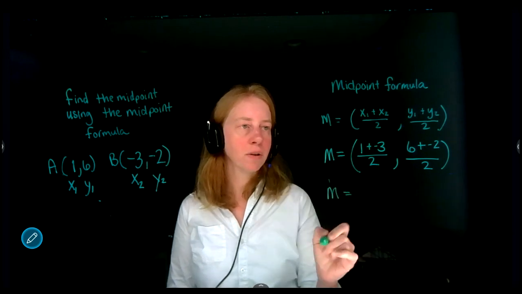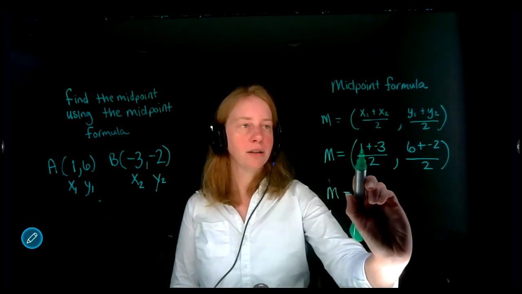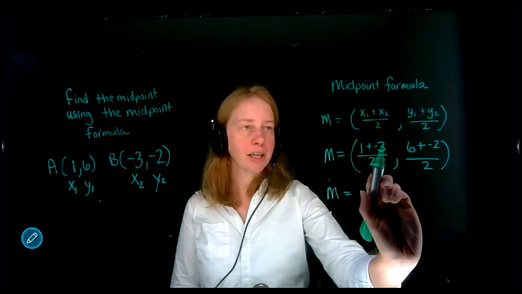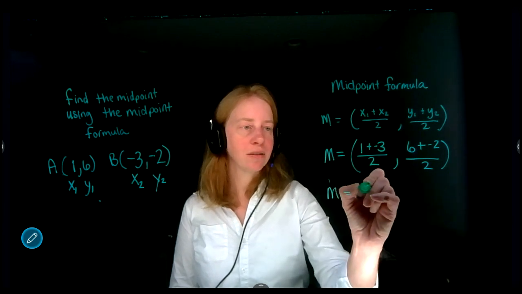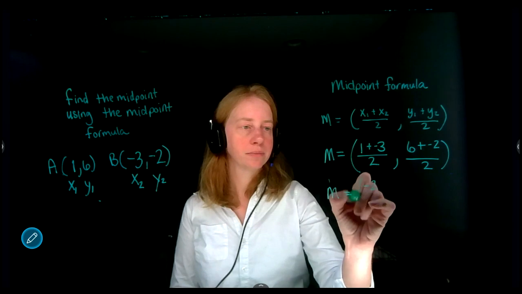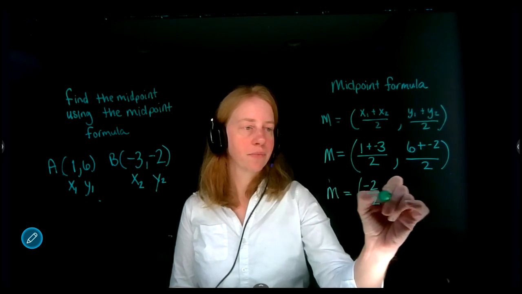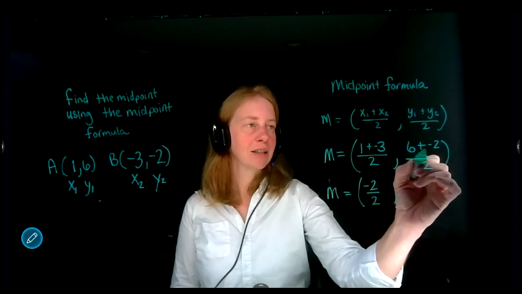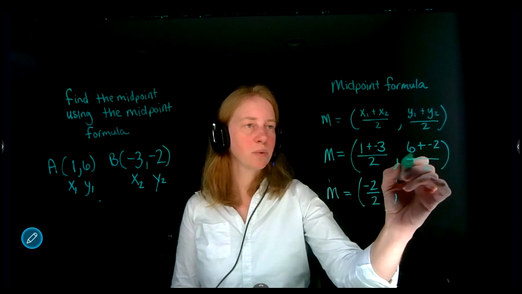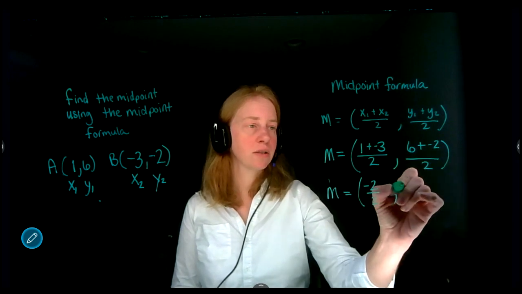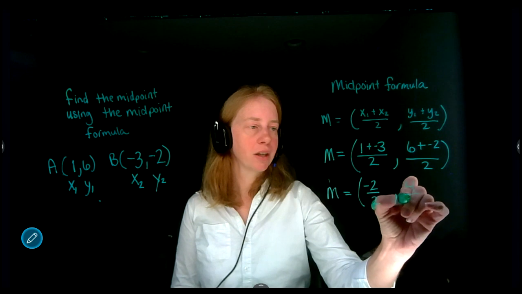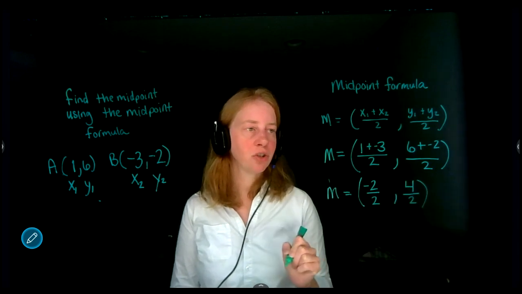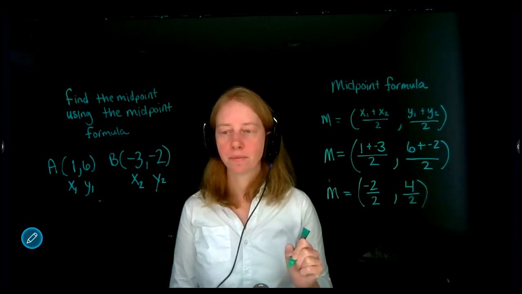So M equals 1 minus 3 is -2. 6 plus a -2 is really 6 minus 2. So this is 4. And I've put the divided by 2 on both of those.